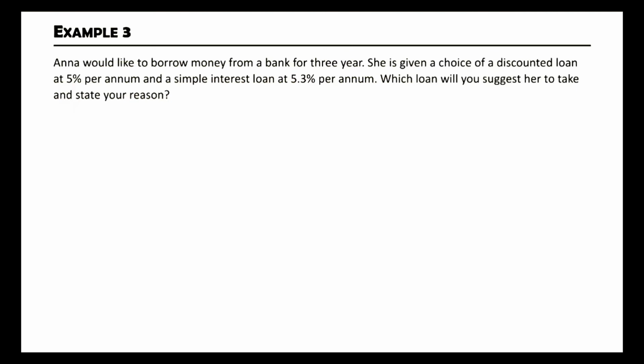Last example, Anna would like to borrow money from a bank for 3 years. She is given a choice of a discount loan at 5% per annum and a simple interest loan at 5.3% per annum. Which loan would you suggest she take and state your reason? So we need to compare two different types of loan, a discount loan and a simple interest loan. To choose a better loan, we have to compare either rate or sum. For this case, the question did not mention proceed or any principal.